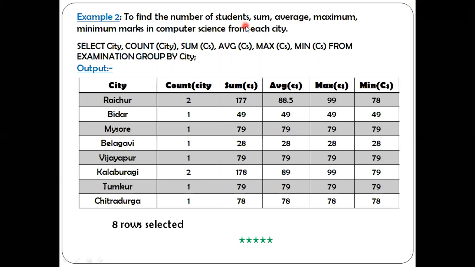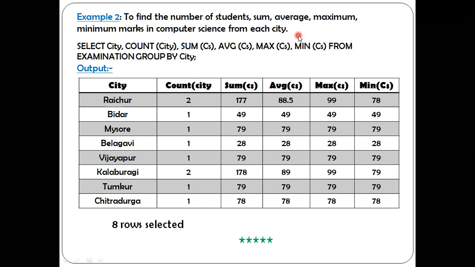To find the number of students, second example using group by class. To find the number of students, sum, average, maximum, minimum marks in computer science from each city. So what is the question here? We need to find the number of students. How many students are there?